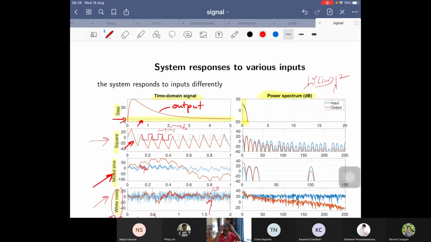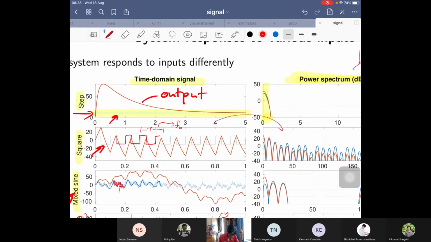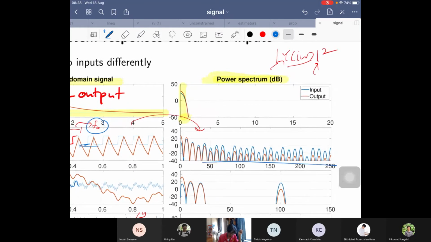Yes, they are mixed. You remember the concept of harmonic frequencies? For the square wave, if you look into the frequency domain, it doesn't contain only the frequency f naught that represents the period of the square wave, but it contains so many others. That is called harmonic frequencies.